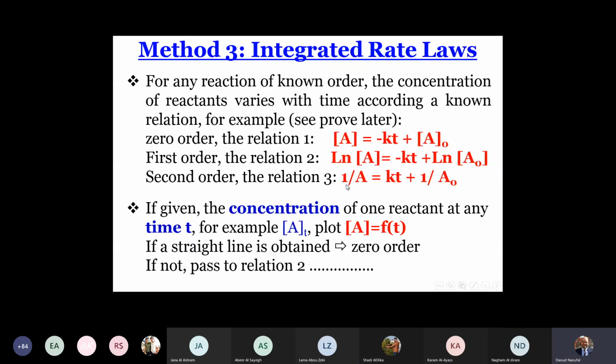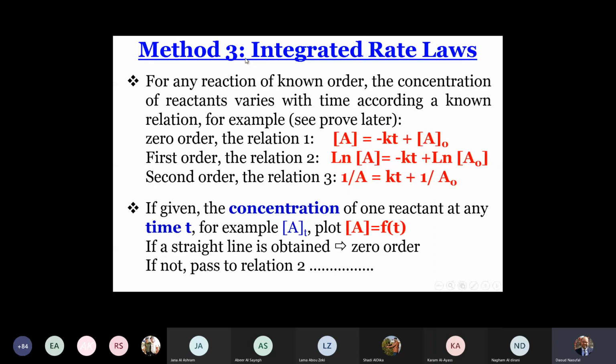If not, draw 1 over A as a function of t, and in your curriculum you should obtain a straight line. If the reaction is not zero order or not first order, it should be second order, but you have to prove it. So you draw 1 over A as a function of t, and if you obtain a straight line, the reaction is second order.